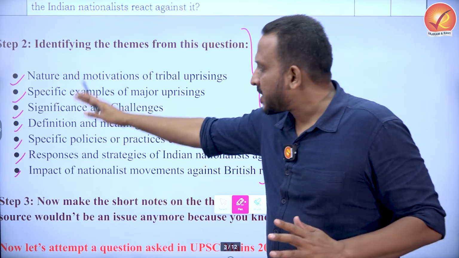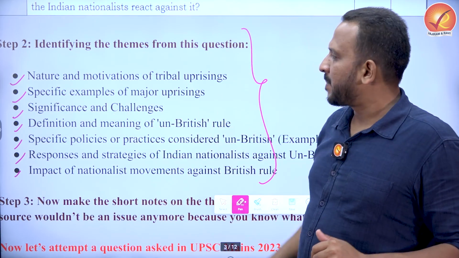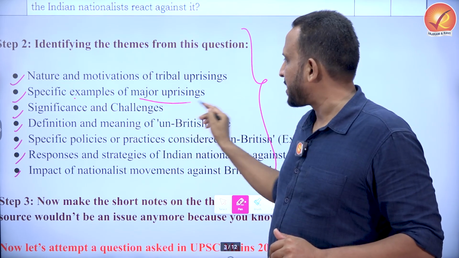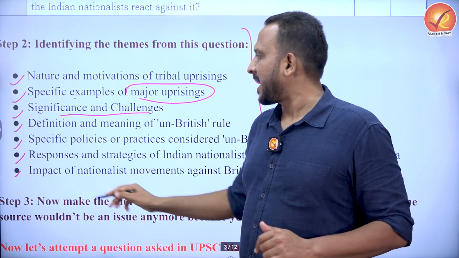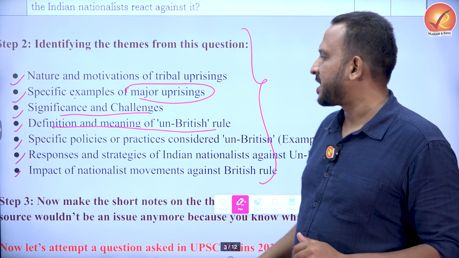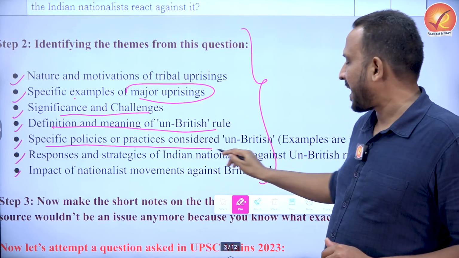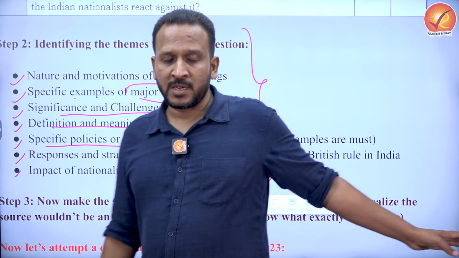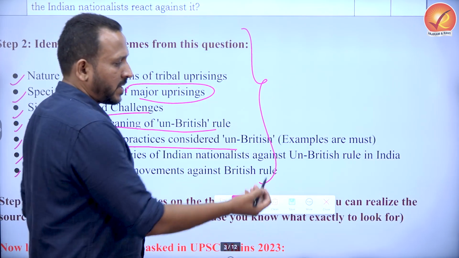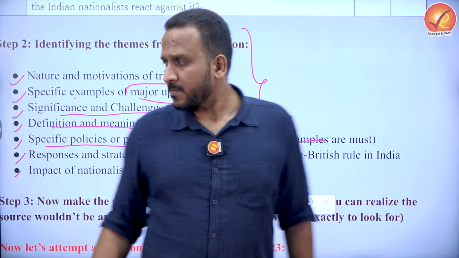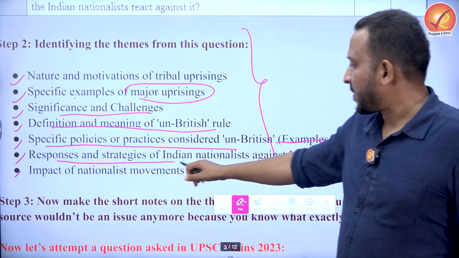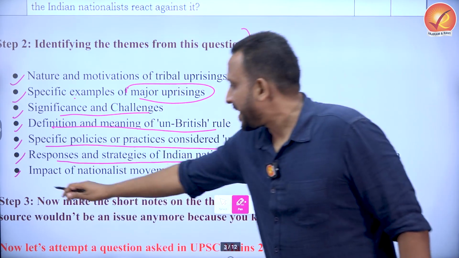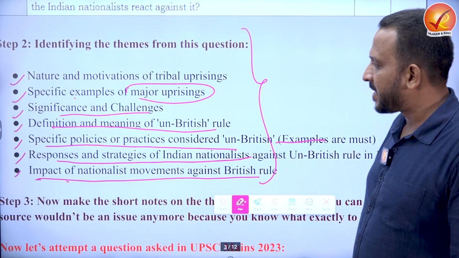No. This is the question: nature and motivation of tribal uprising, specific examples of major uprising, significance and challenges, definition and meaning of un-British rule, specific policies and practices considered un-British, examples are a must. See, student, try to understand, examples are a must, right? Then responses and strategies of Indian nationalists, then impact of the nationalist movement against British rule.